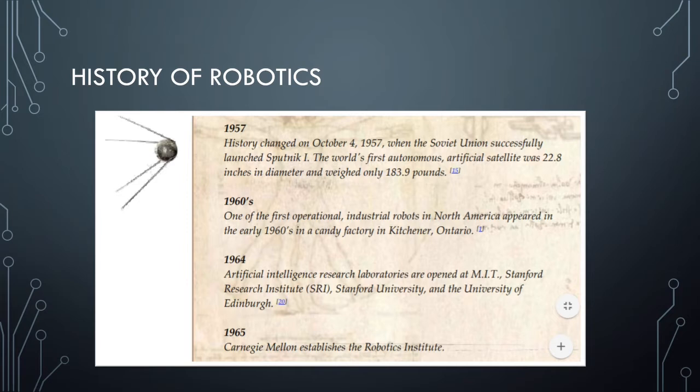So it's really picking up. The universities are dedicating their time and resources to this. In 1965, we see another university, and the Robotics Institute is established. So all of the world's greatest minds are being applied to this topic, so that its limits can really be pushed and we can see to what extent robotics could be used in our lives.